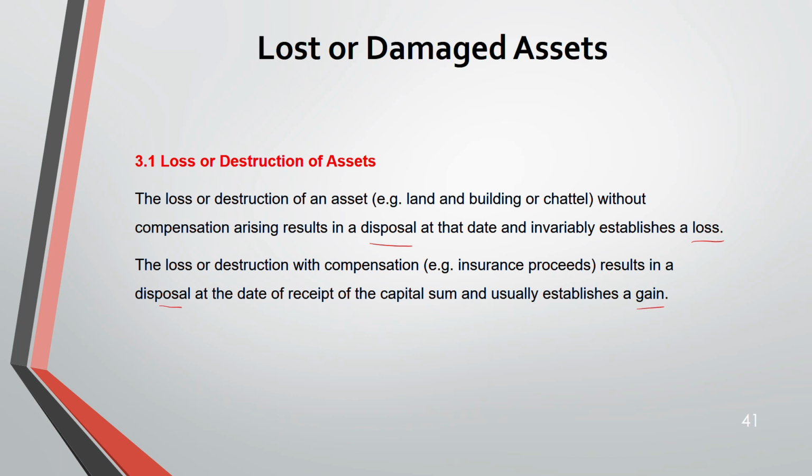That means when you're receiving an insurance proceed, that loss will be taken as a disposal at a gain, and that disposal will be at the date of the receipt of the insurance proceed. That is the day when it is taken as a disposal, and when you're not receiving any compensation from insurance, that disposal will be treated as a loss.